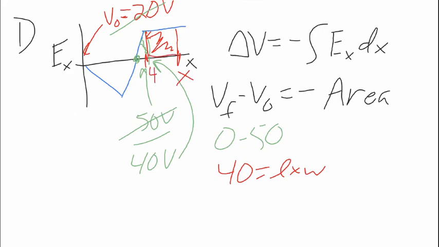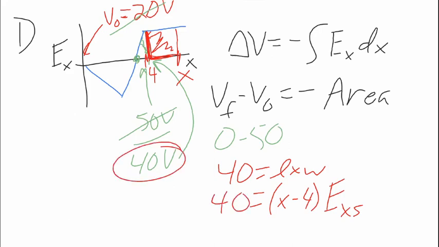And so this length is just the difference between those two. So 40 is equal to x minus 4 times the width. What is the width? It's just going to be whatever this height is, which is different for everybody, but it'd be something like E sub xs. So whatever that value is, you set that equal to the 40 volts that we want to lose and solve for your x accordingly.